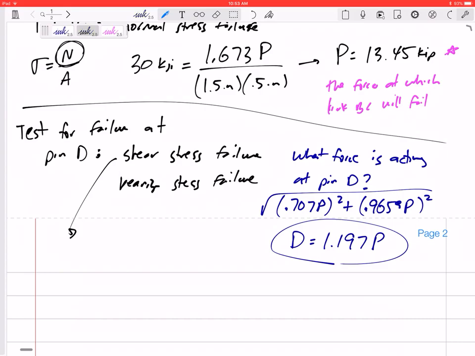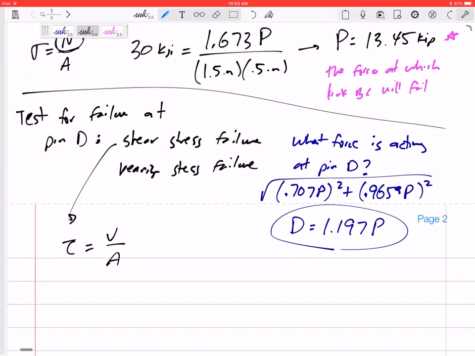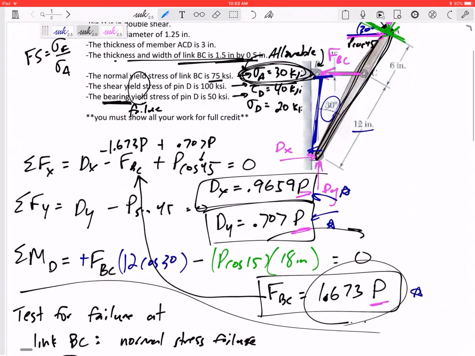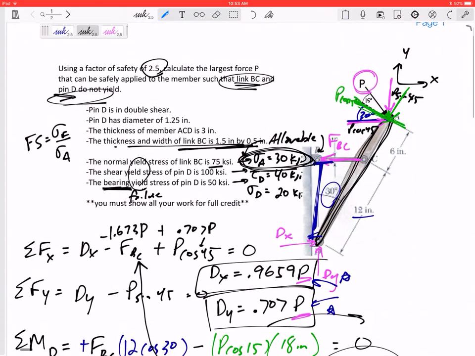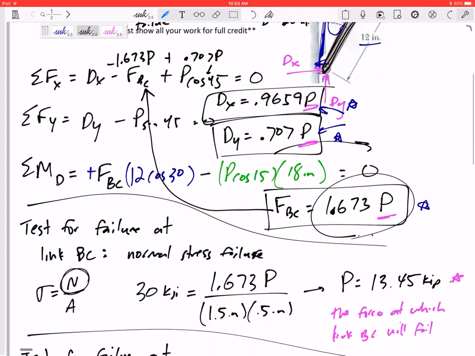Let's make sure it doesn't fail due to shear. Shear stress is V over A. The shear stress that I'm going to allow it to get up to previously is 40 ksi. What is the V? Is the V just that 1.197 P? Well, the pin doesn't show a side view. It tells me pin D is in double shear.